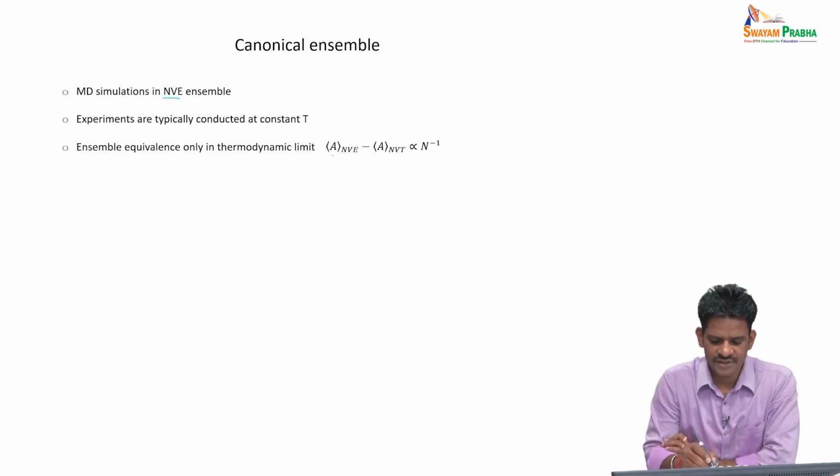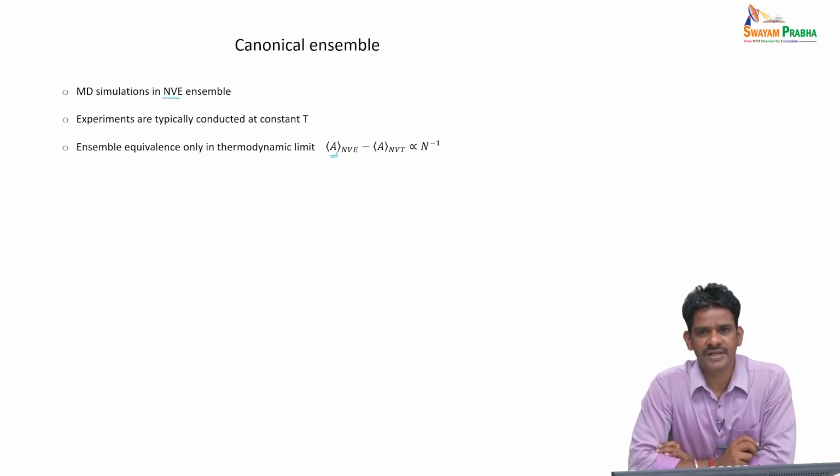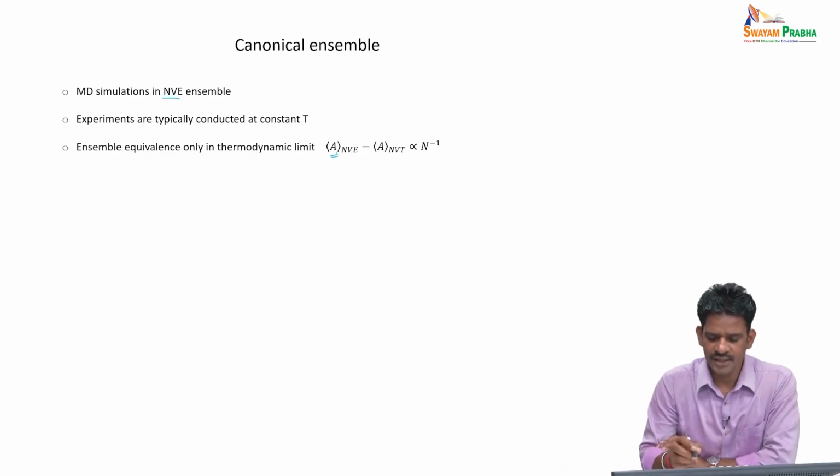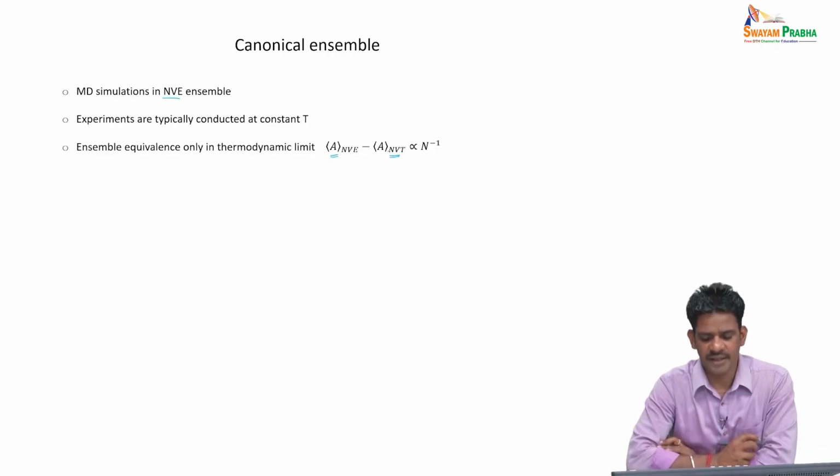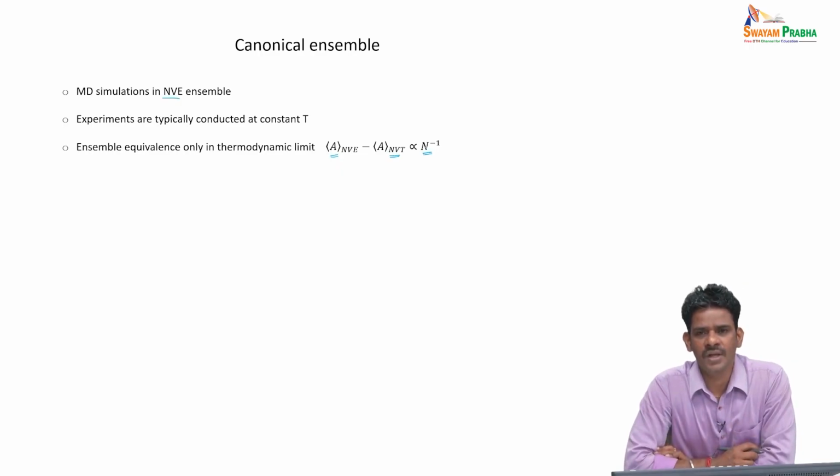For example, if there is a property A, I could calculate it in a microcanonical ensemble, and the difference between the same value estimated in the NVE ensemble and the NVT ensemble is proportional to 1 by N. So one can always run a simulation in NVE and then find the equivalent values in another ensemble like constant temperature. However, we would like to look at specific direct algorithms where the temperature is held constant during the simulation itself.